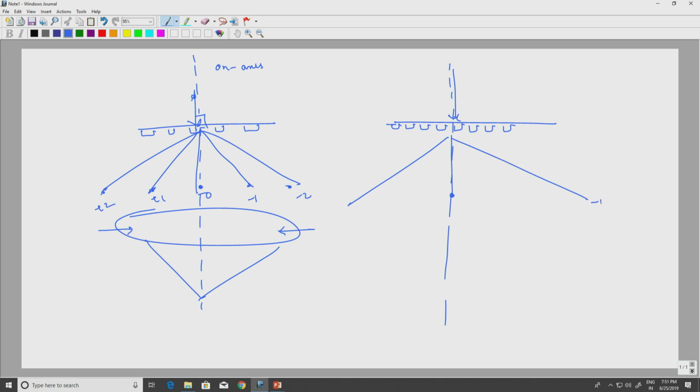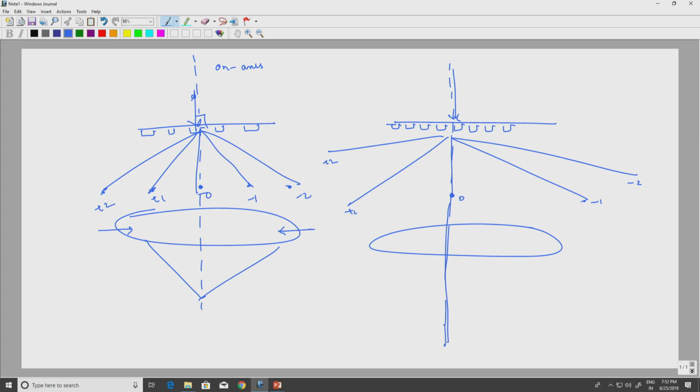So minus 1, plus 1, and then your second order, minus 2, plus 2. Now this is my lens. I am unable to capture any of these orders. I am only getting the DC here. There won't be an image formed because I am missing both the orders.